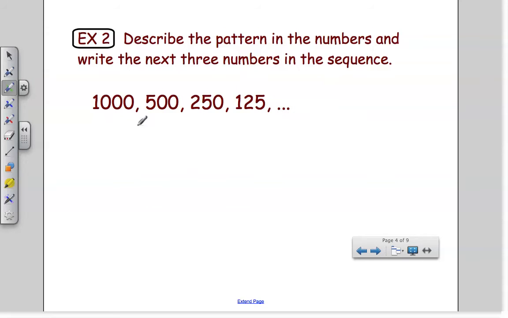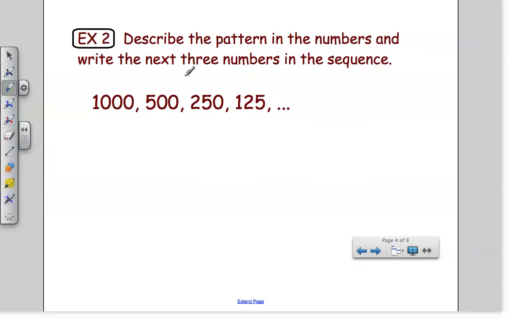If you were thinking subtraction at first, you notice I'm not decreasing by the same amount every time. The typical things to do would be to look for addition, subtraction, multiplying, or dividing. And in this case, what about dividing by 2? 1,000 divided by 2 is 500. 500 divided by 2 is 250. 250 divided by 2 is 125. I'm observing the pattern.